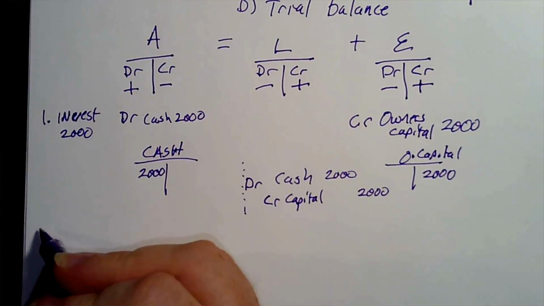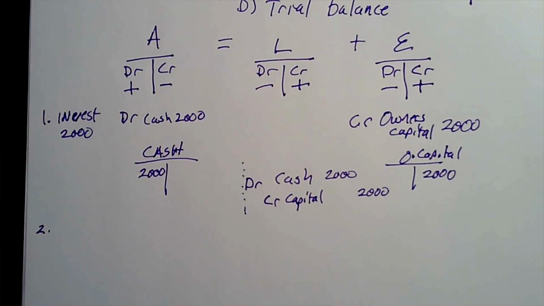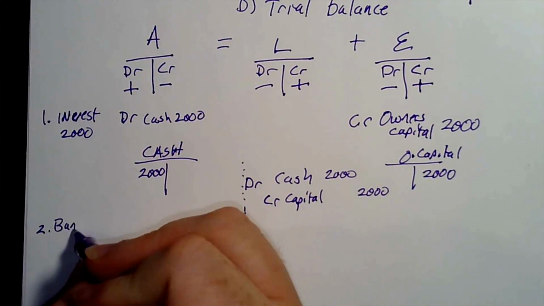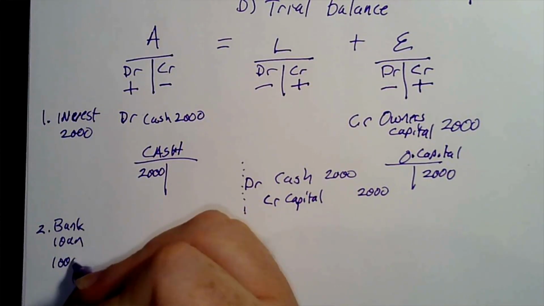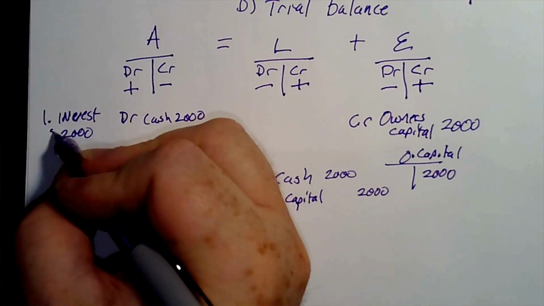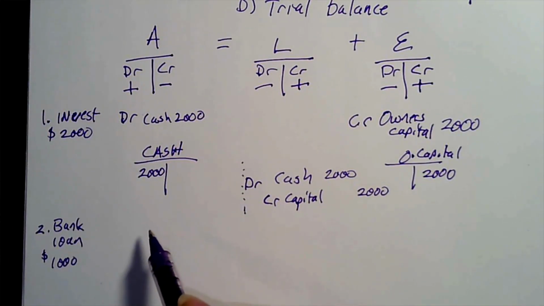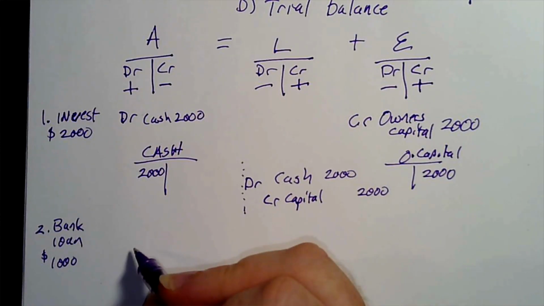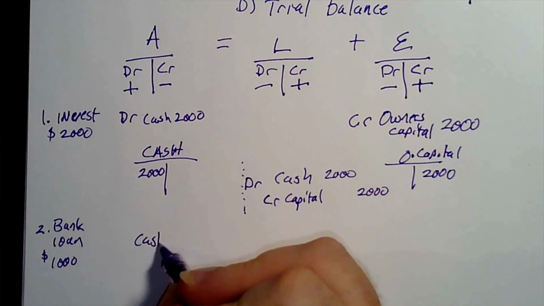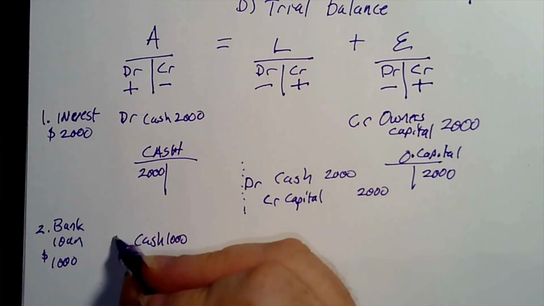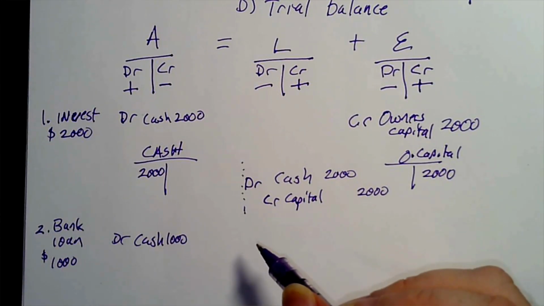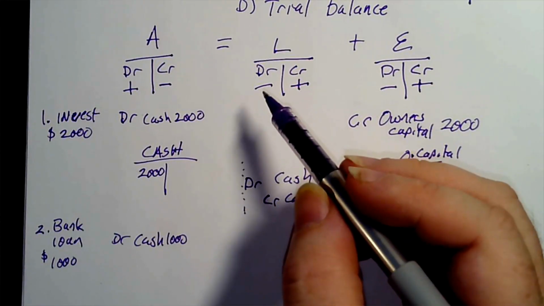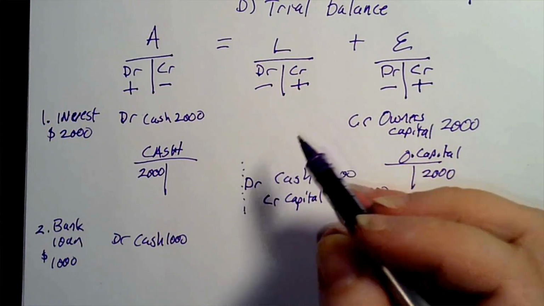Let's look at a second transaction. Let's say we take out a bank loan for $1,000. Well, what happened to cash? Cash went up. So we would say cash 1,000 debit. And the other part of the transaction would be we have an increase to a liability. We have an increase to an obligation.